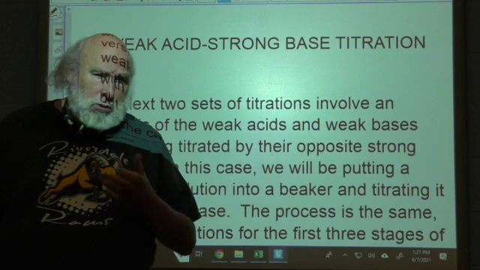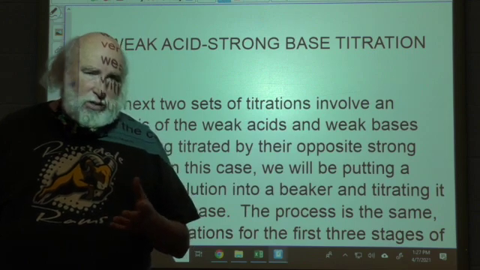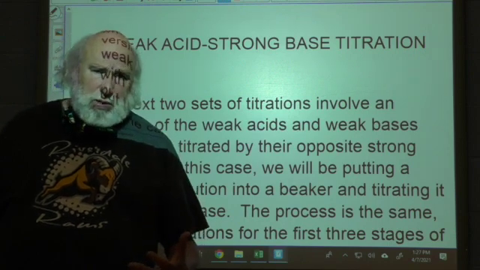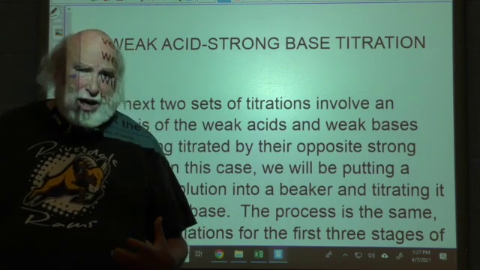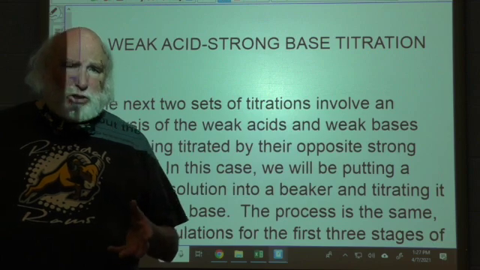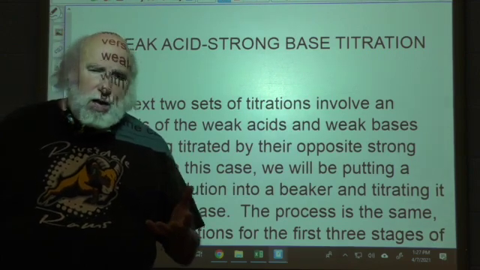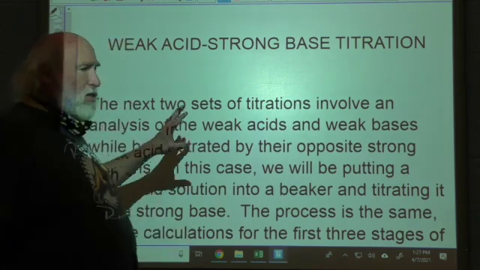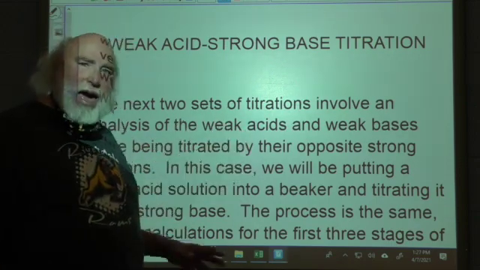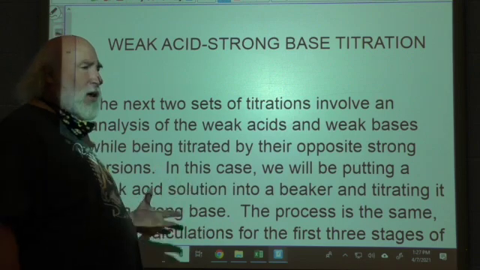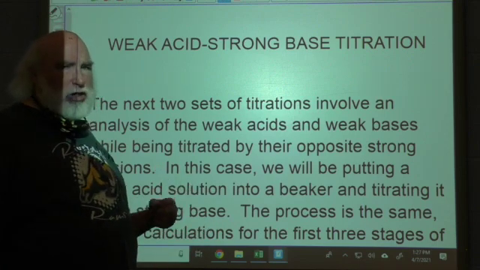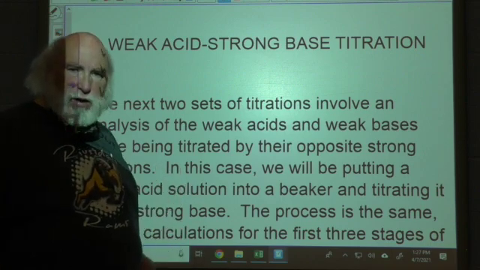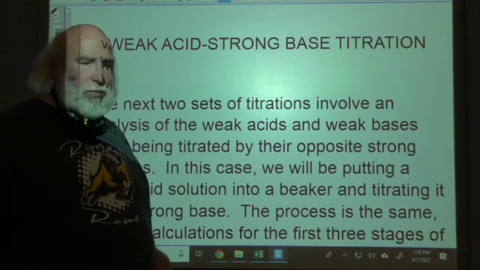We're still going to deal with weak or strong acids and bases as titrates, because that gives us something we can predict as far as concentration or moles of hydrogen or hydroxide, depending on what we're dealing with. But since weak acids and bases act differently than strong ones, we're going to look at how that changes the calculations and the graph of the overall titration.